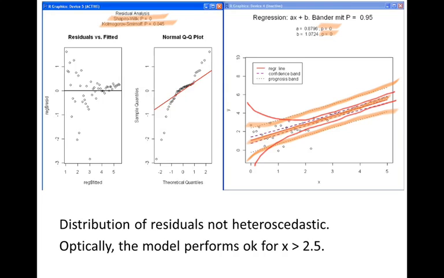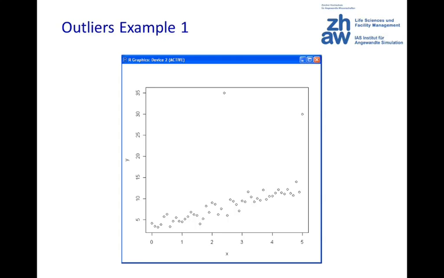You see that from the tests, you see that from the QQ plot, and you see this in the standardized residual plot, where you see that you clearly have heteroscedasticity. So in this case, you should interpret the model very carefully. What can go extremely wrong is the prognosis band. It can be completely wrongly set.